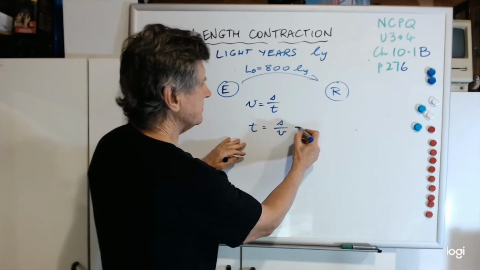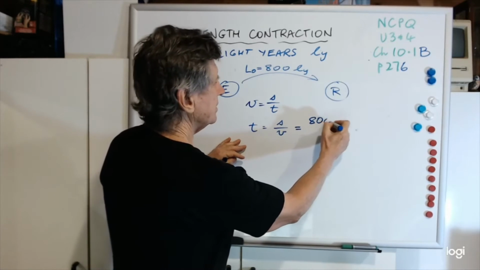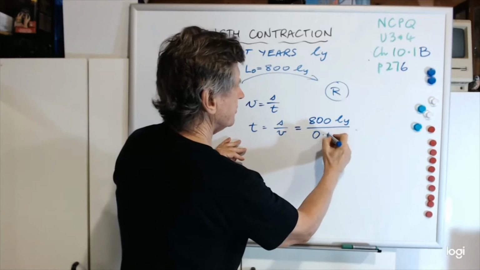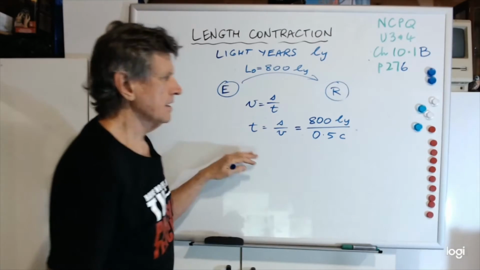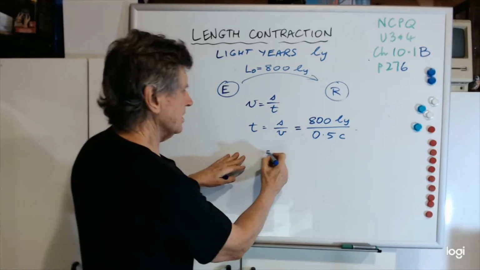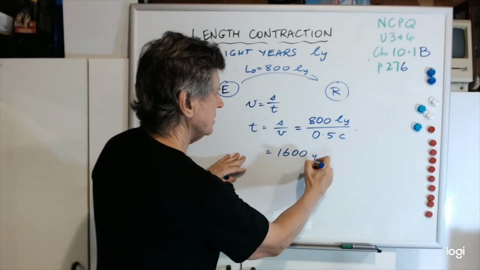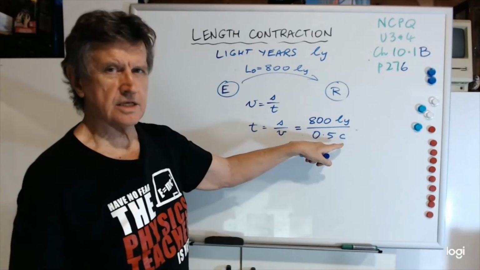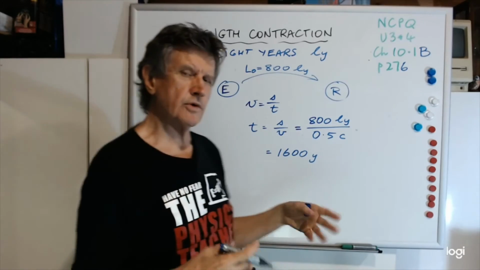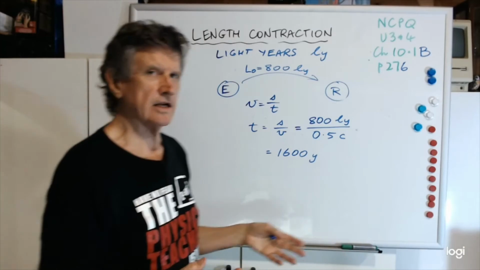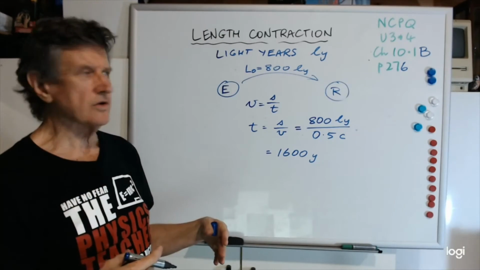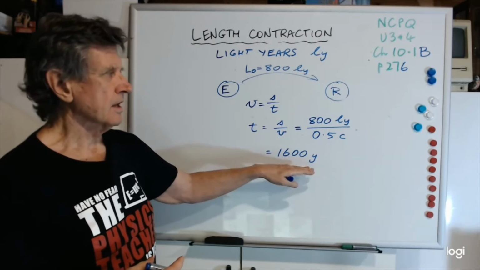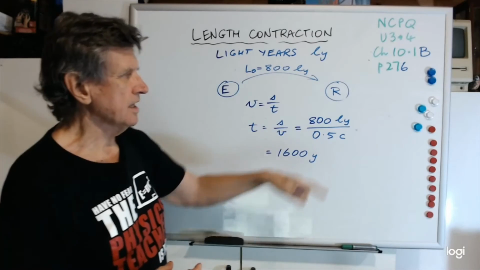Say, for instance, this is 800 light years and the velocity is, let's say, 0.5 c. Now that comes to 1600 years. Now the question is, how can you cancel down light years and c? Now, you know, with what we call dimensional analysis, you can cancel out the units, and they should come down to the units in the answer. Okay, but it would appear light years and c.